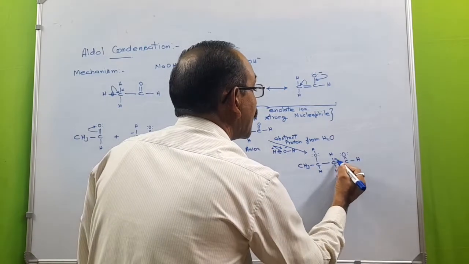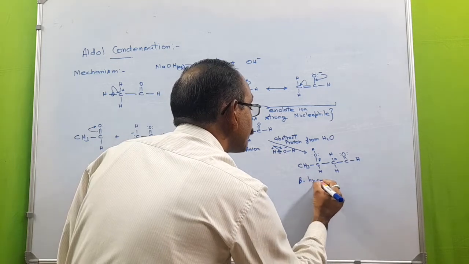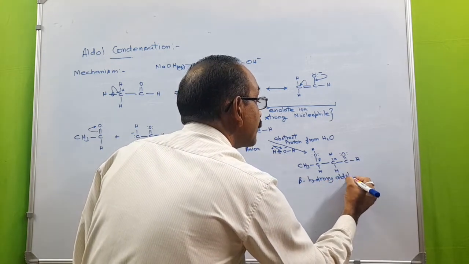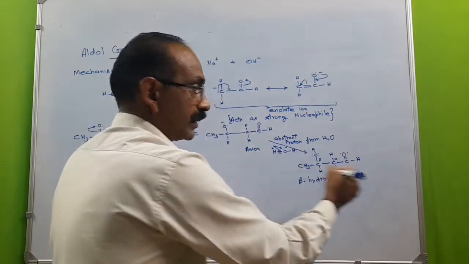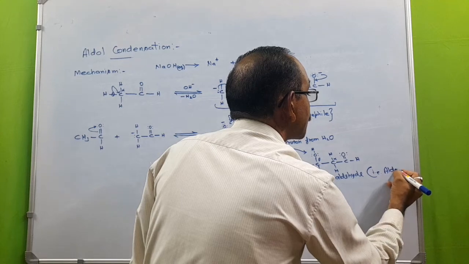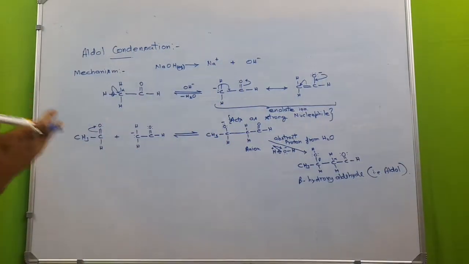We get a beta hydroxy aldehyde, meaning that aldol is formed, and that's why the reaction is called aldol condensation.